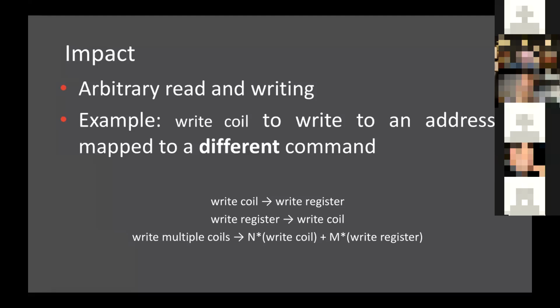The actual impact of that is that you can arbitrarily read and write in the memory, and a write coil can go to an address outside of its boundary. It allows a write coil to effectively send a write register command, or a write register command to send a write coil command. And then you can do a write multiple coil, which allows you to overwrite coils as well as overwrite memory. So that's it as far as the major translation vulnerabilities that we had.